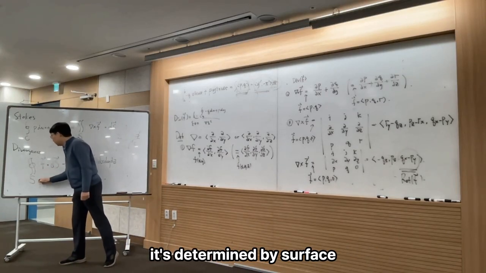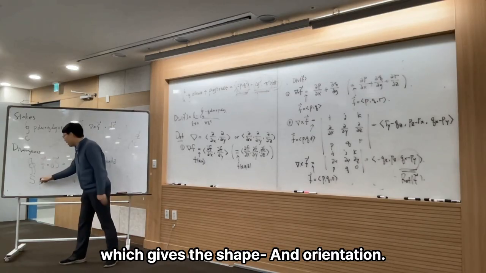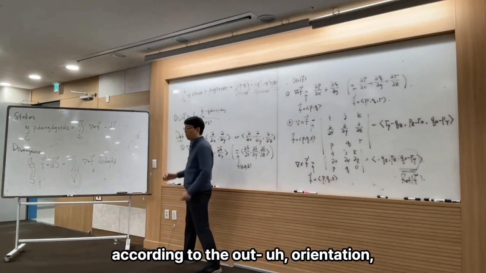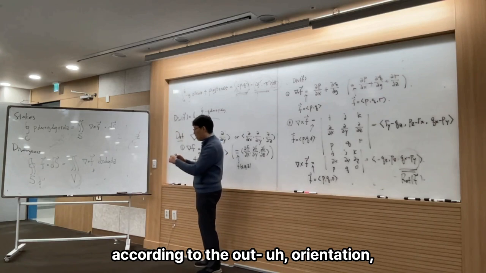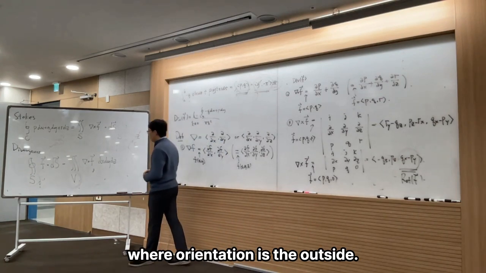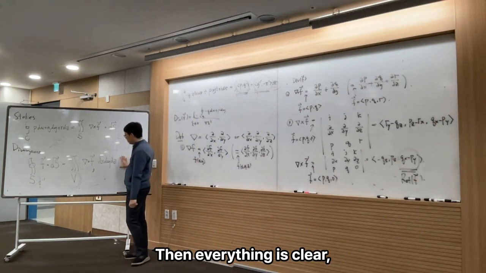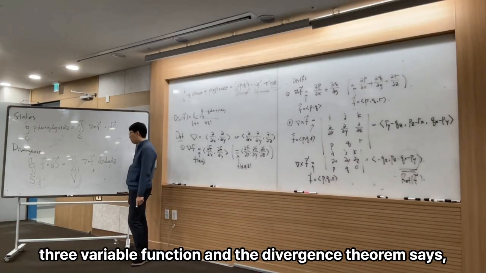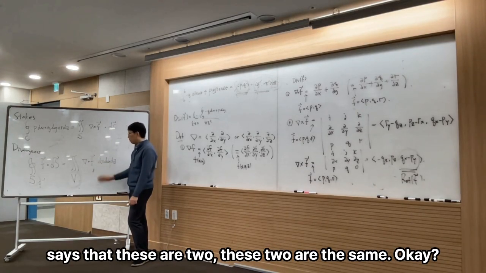It's determined by the surface, which gives the shape, and the orientation. Then everything is clear. We're just taking a triple integral of a three-variable function, and the divergence theorem says that these two are the same.